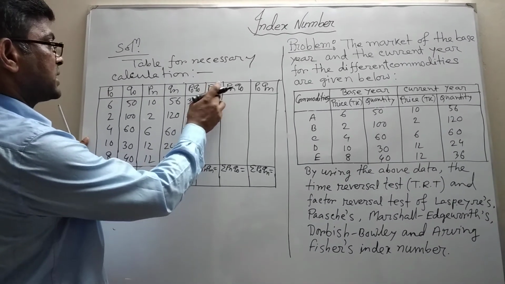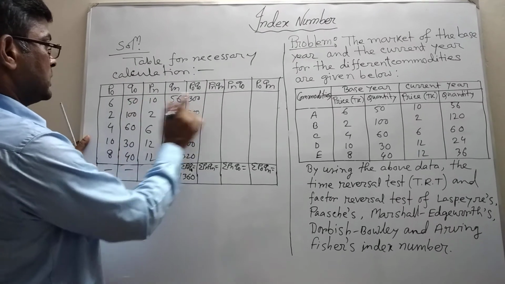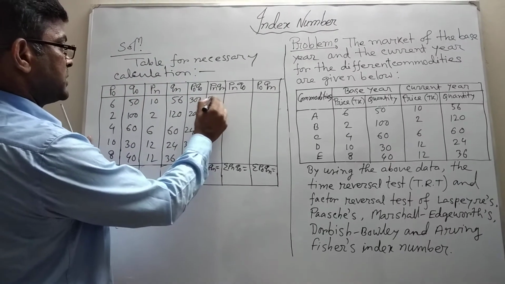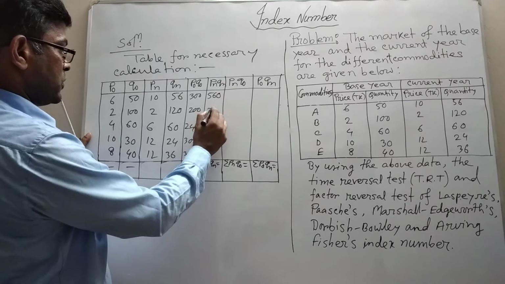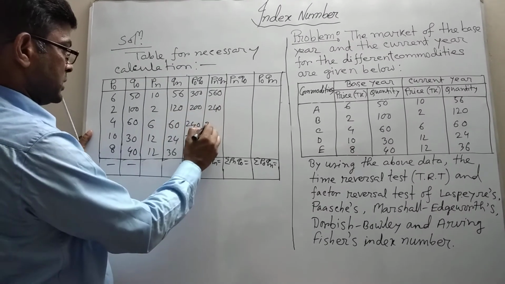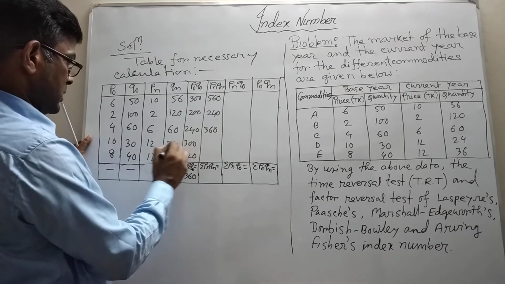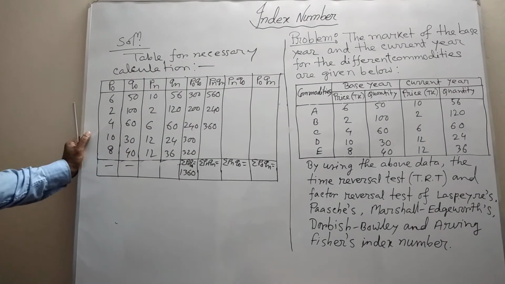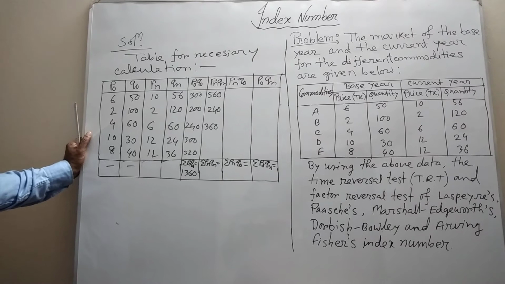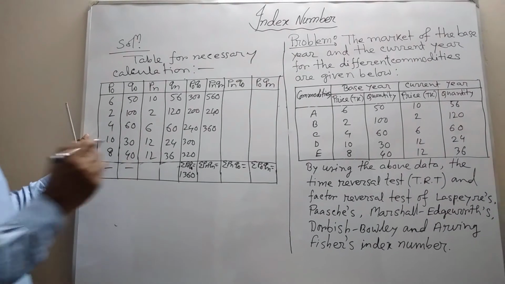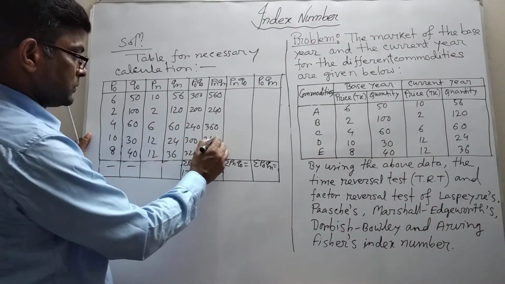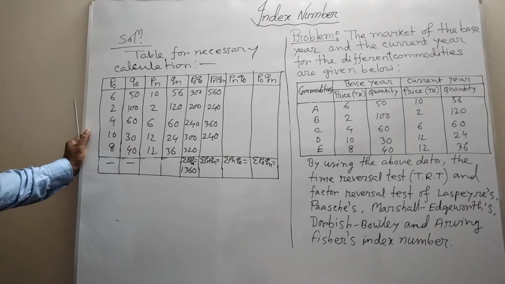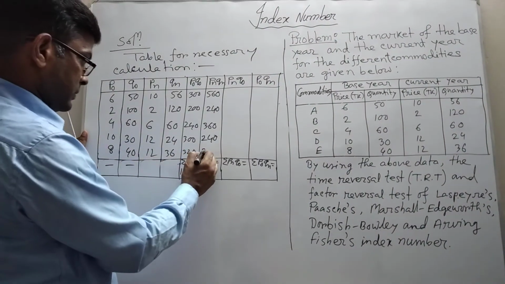Next, P suffix n multiplied by Q suffix n: 560, 240, 360, 360, 240, and 288.